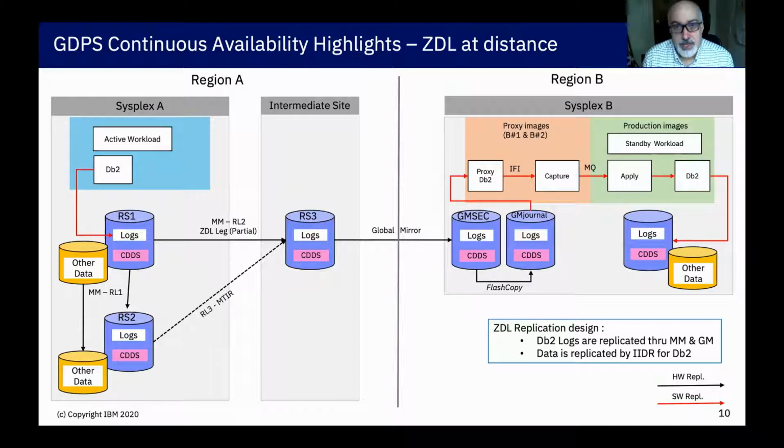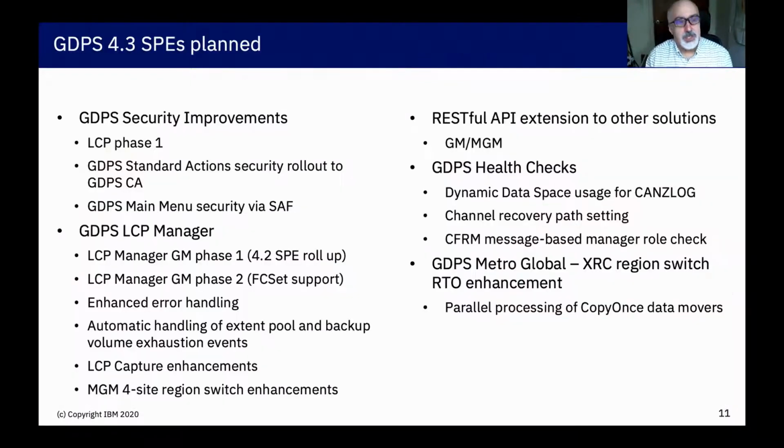So yeah, I think the last test was around 19 seconds of user impact time to switch locations, which is quite impressive. I think you'll agree. Okay, so that's 0 data loss at distance in GDPS continuous availability.